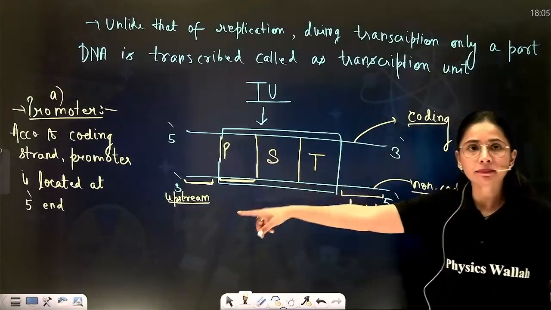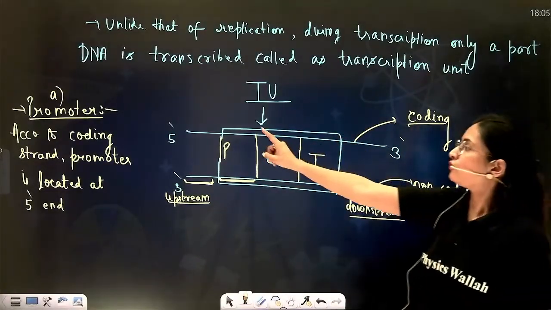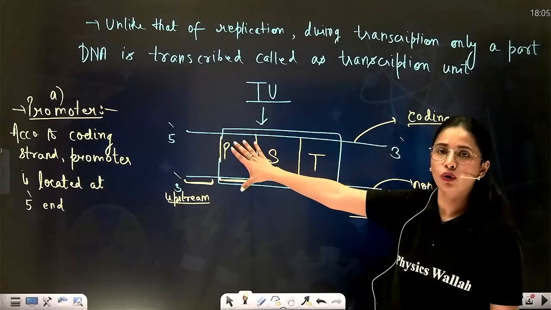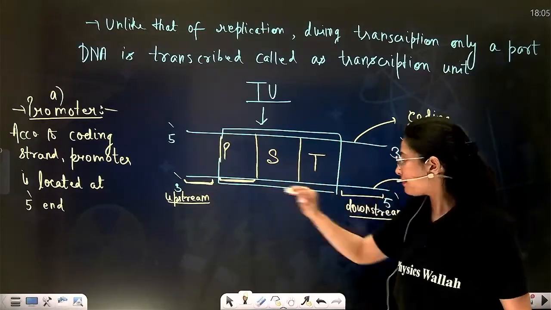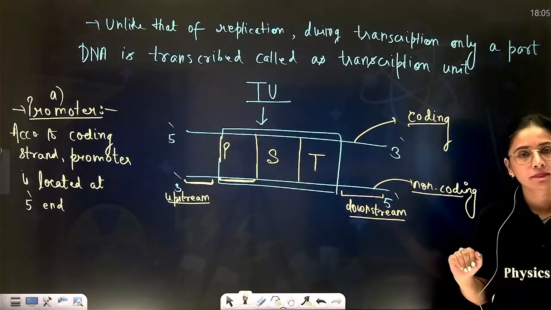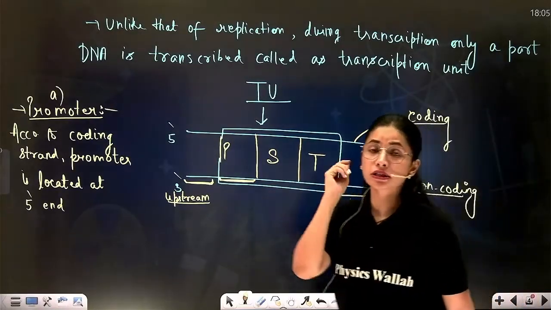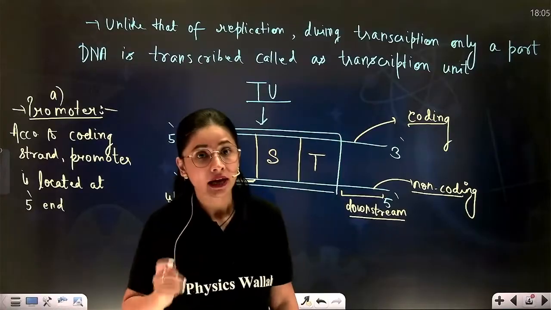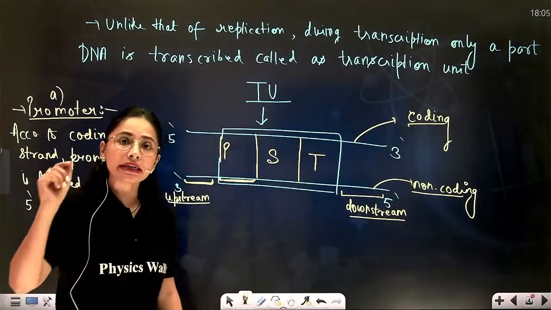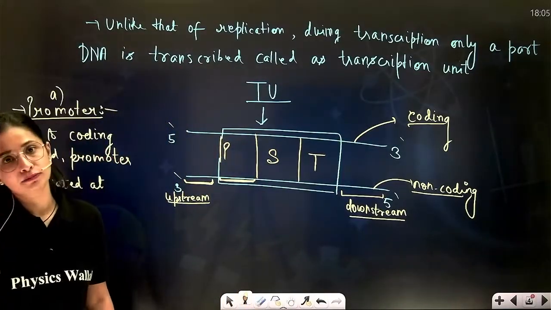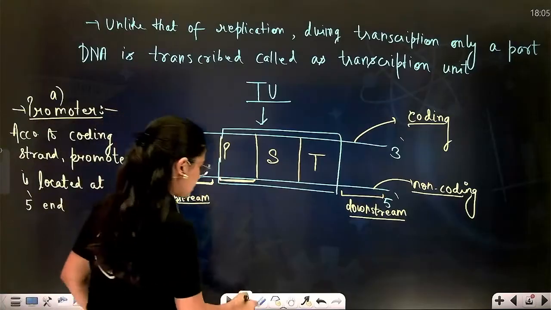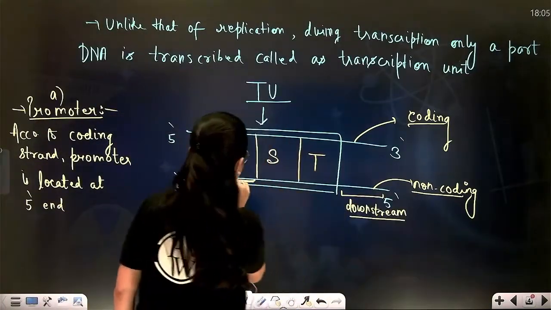Promoter, again I am repeating, it is present at the 5' end of the coding or 3' end of the non-coding. Correct? Promoter region consists of some special sequences of nucleotide which allows the initiation of transcription. So this promoter consists of certain specific sequences.